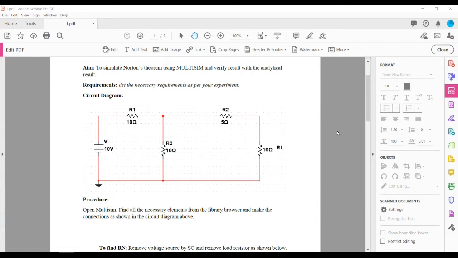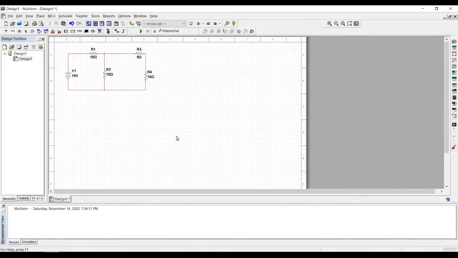To begin with, let me redraw this same circuit diagram using Multisim. For convenience, I've already done this, and we are going to find out the equivalent resistance, the Norton's current and voltage, etc. First, let's find the value of the equivalent resistance without the voltage source.